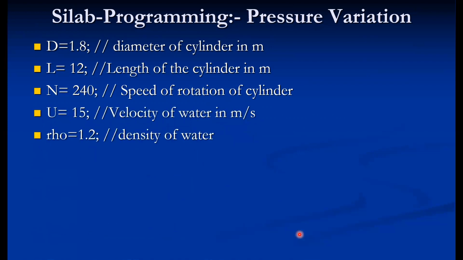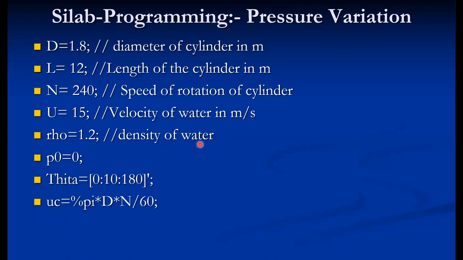Density is 1.2; in fact, the earlier mention of water is a typo, we are considering air as the fluid, so rho is 1.2, the density of air. Then pressure we consider with respect to atmosphere, that is, pressure is 0. And theta varies from 0 to 180 degree with an interval of 10 degree.